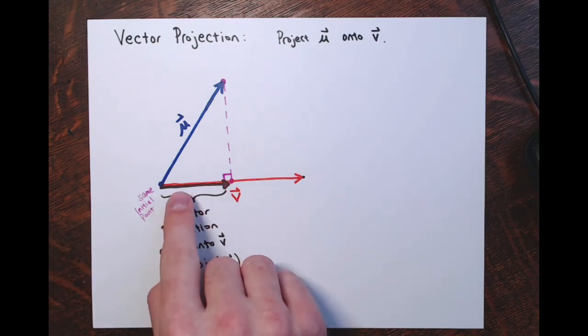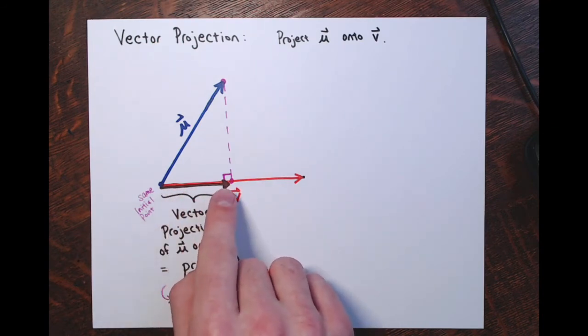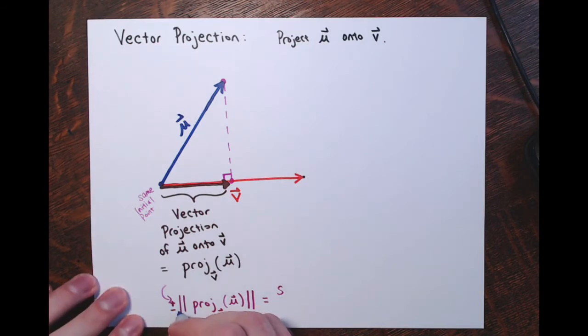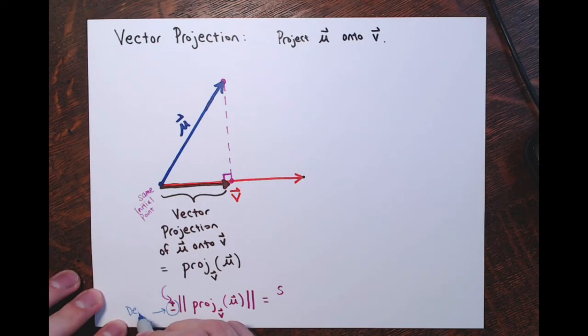If the vector projection points in the same direction as v, this scalar projection will be positive. If it points in the opposite direction of v, it'll be negative. So that's why I'll put a plus or minus in front of this, and this depends on the direction.